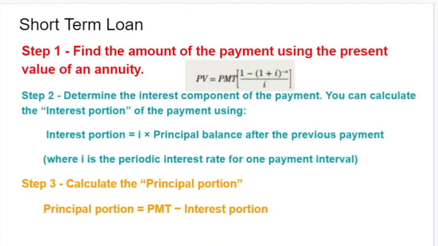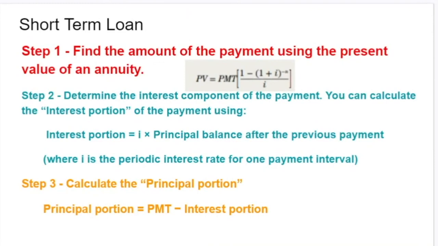In order to do that, what we use is the present value formula that we've seen. The present value formula for an annuity is PV, and you can see it written there. So we know that we have to worry about the number of periods, and we have to worry about the periodic interest rate because of the i and the minus n.